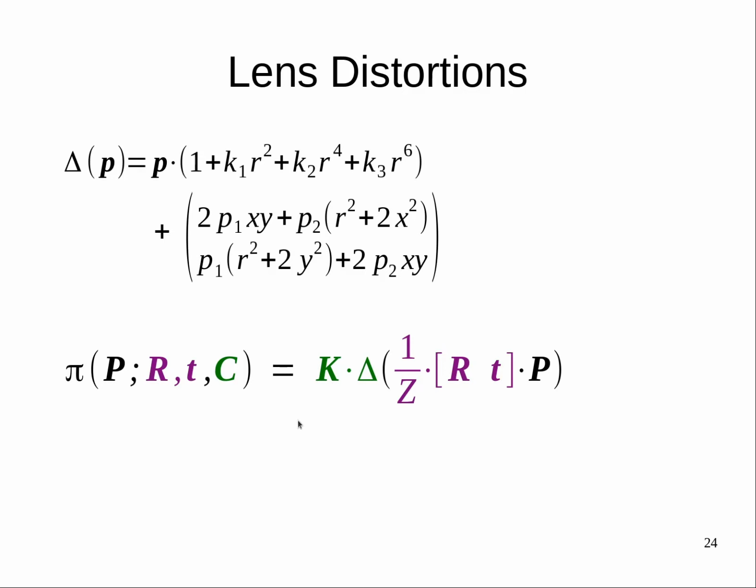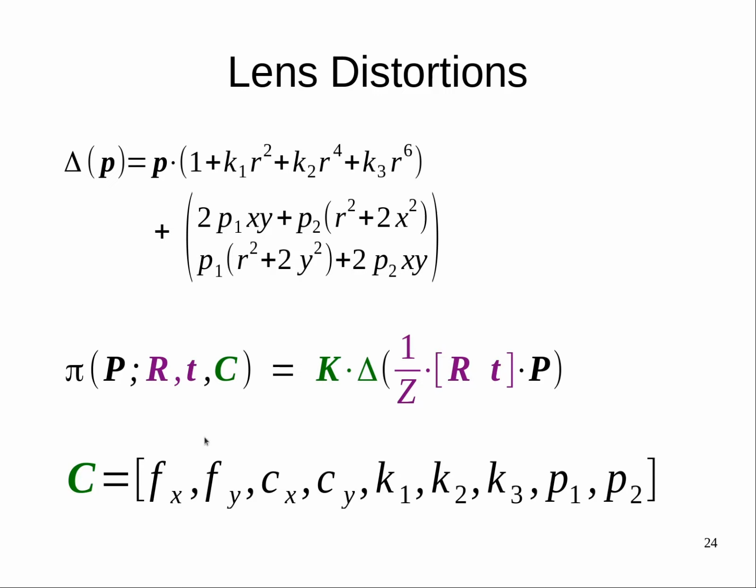So this is now the full camera model we will use for the remainder of the lecture, and let's talk now about how the full intrinsic parameter vector C looks like. It looks like this, and it contains the focal length in x and y, then the principal point in x and y.